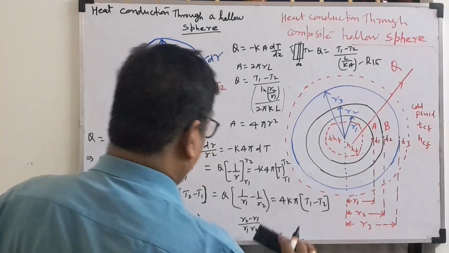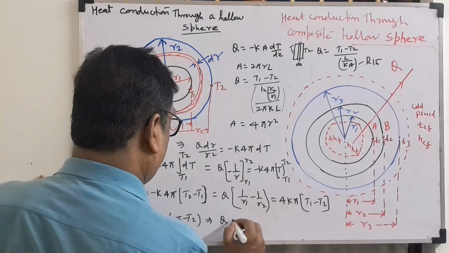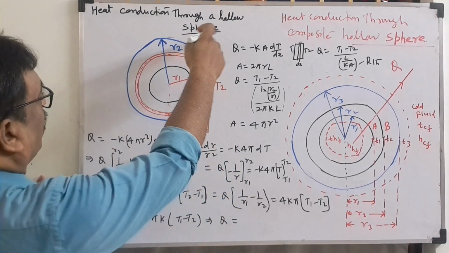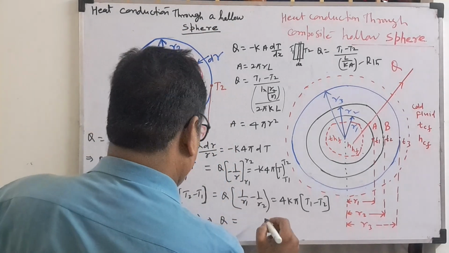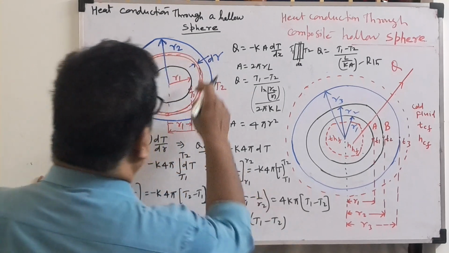Now we'll write the final formula for Q for one hollow sphere. The overall temperature difference is T1 minus T2, because only one hollow sphere is there.